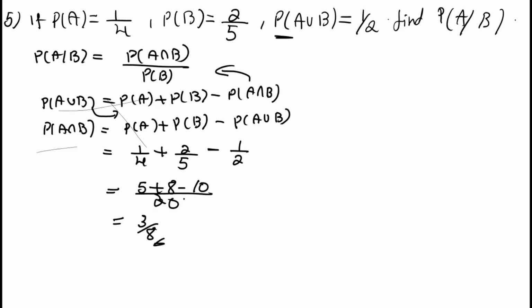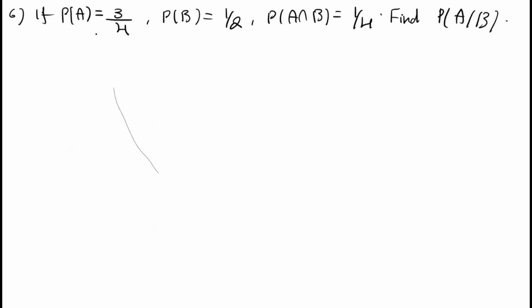See the next question. Probability of A is equal to 3 by 4. Probability of B is equal to 1 by 2. Probability of A intersection B is equal to 1 by 4. The question is probability of A by B. Whatever data is given, you need to see the given question.